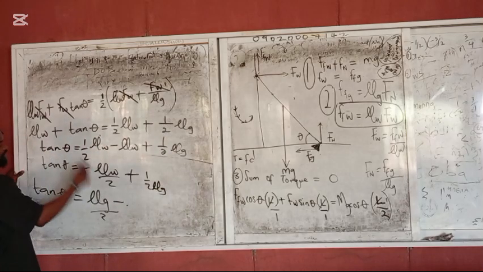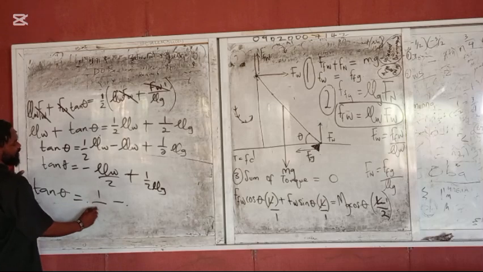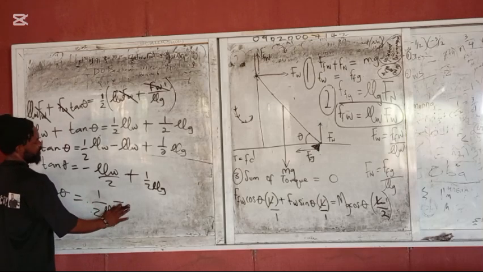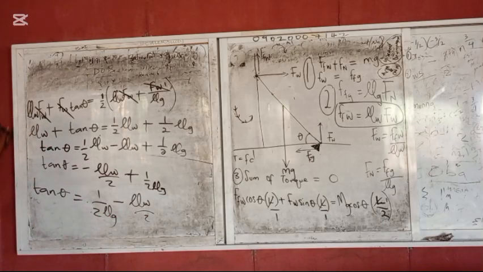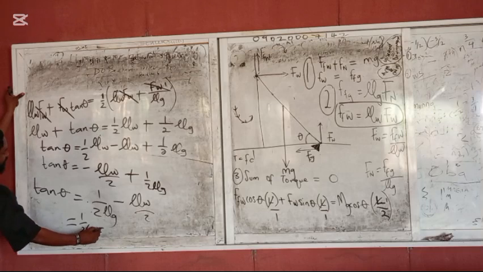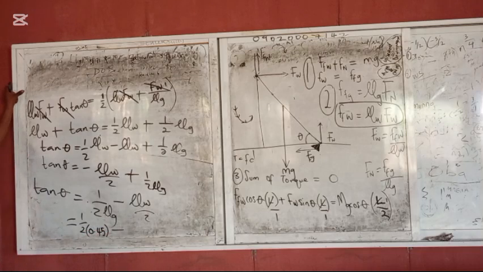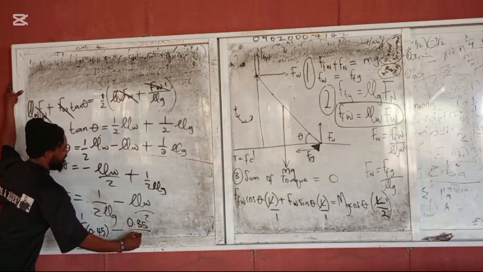So I have 1/2. UG is what? 0.45. UW coefficient of friction is 0.35/2.